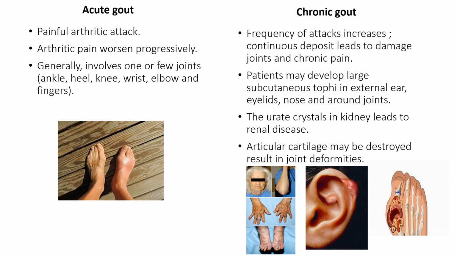That is the early stage of gout. In chronic gout, the frequency of attacks increases, and continuous deposition leads to damage of the joint and chronic pain. Patients may develop large subcutaneous tophi in the external ear, eyelids, nose, and around the joints. The urate crystals in the kidney lead to renal disease simultaneously, and the articular cartilage may be destroyed, resulting in joint deformities.